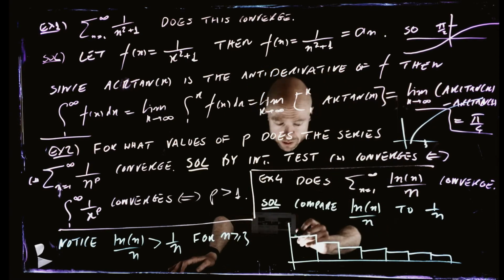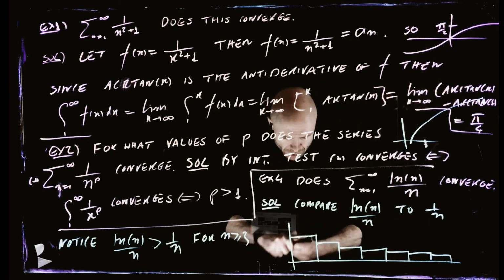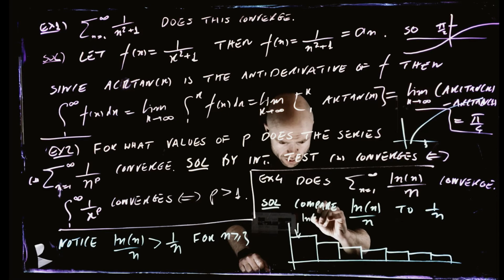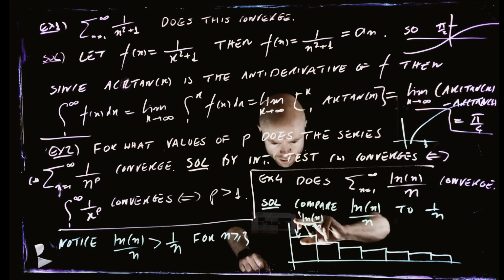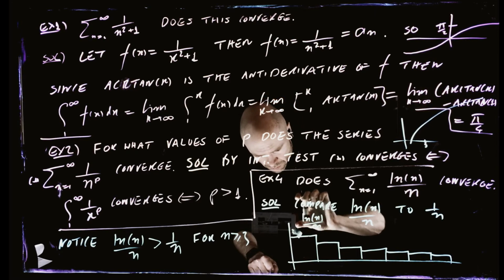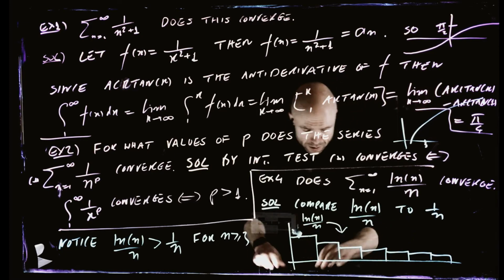A box under the box. Yeah, so actually let me label these. This is our series log n over n, this collection of blocks.